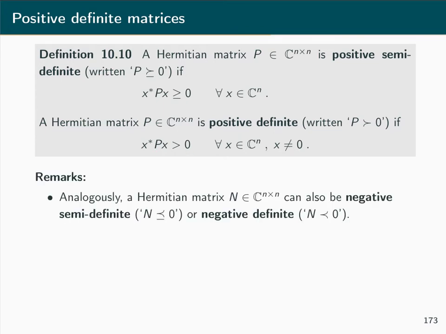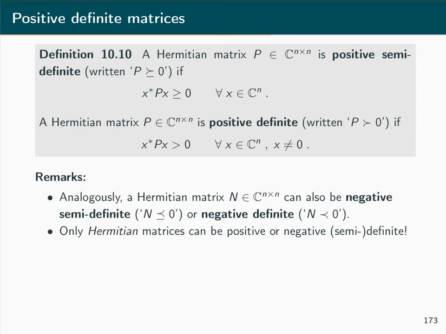Note that analogously a Hermitian matrix N can be defined to be negative semi-definite, meaning that minus N is positive semi-definite, or to be negative definite, which means that minus N is positive definite. An important remark that often leads to errors is that only Hermitian matrices can be either positive or negative definite or semi-definite.